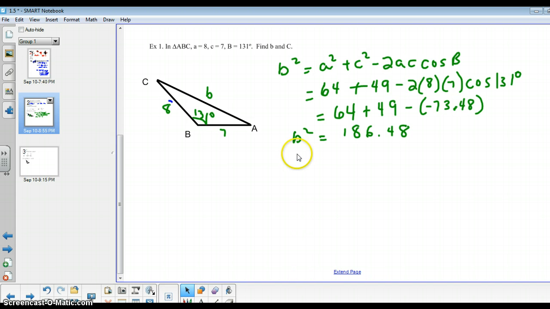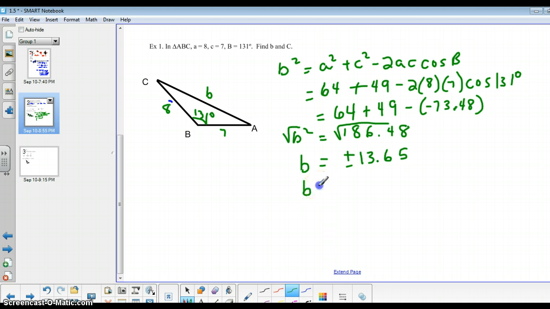It's a good habit, even though you know that distance is going to be positive, to go ahead and show that you know that, and just take the square root of B squared, show that you know that B could be a plus or minus 13.65, and then show that you know that distance has to be positive, so you put B equals 13, and then IB asked for 3 significant figures, so we'll round up to 13.7, 3 significant digits, and we'll put units.